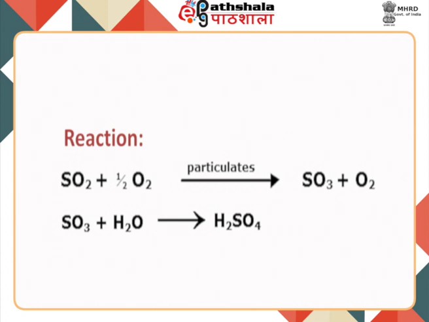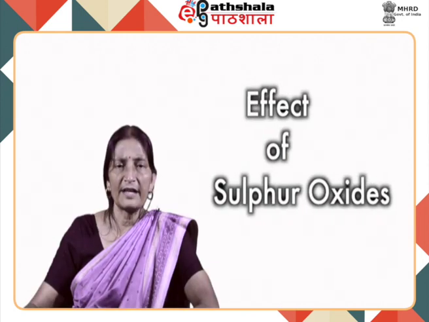SO2 plus half O2, with particulate matter, gives SO3. The sulfur trioxide formed immediately combines with water or moisture in the atmosphere to give sulfuric acid, SO3 plus H2O giving H2SO4.